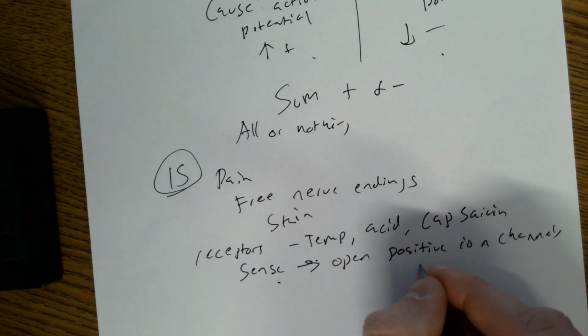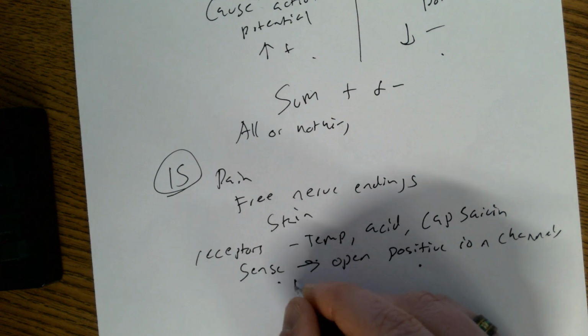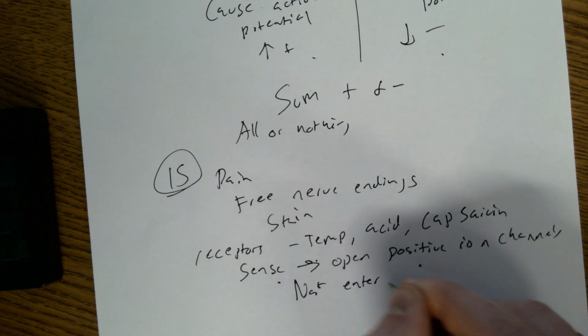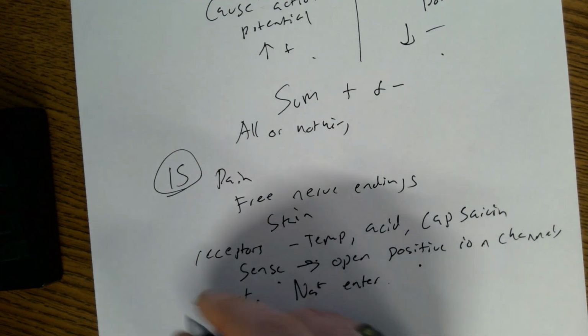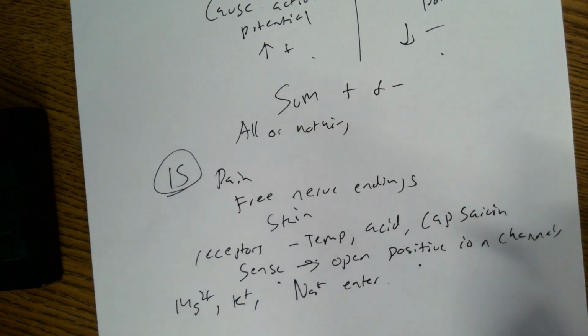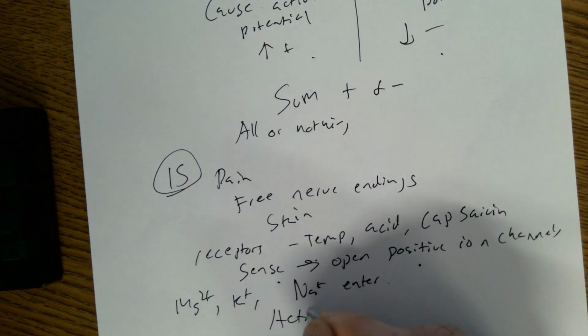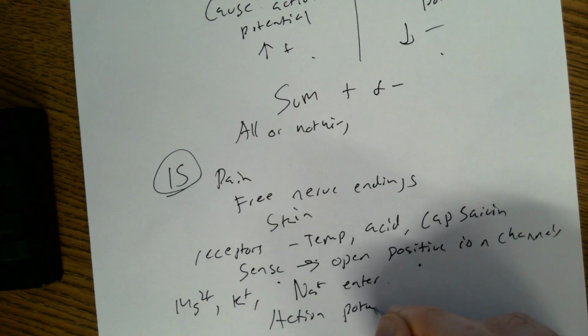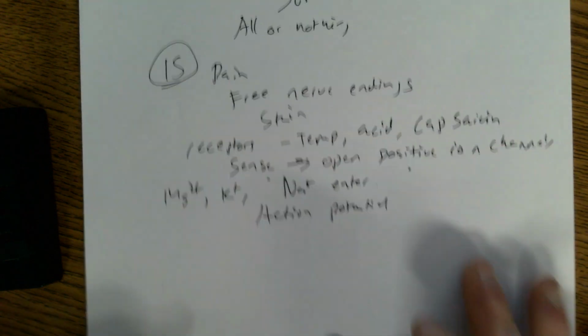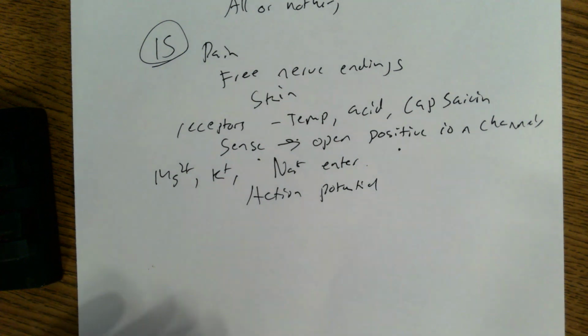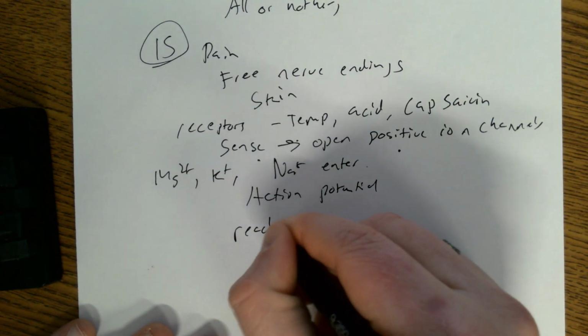If you're letting in positive ions, and it could be any positive ion, this is going to cause an action potential, and that action potential will be propagated and it will eventually reach the brain.